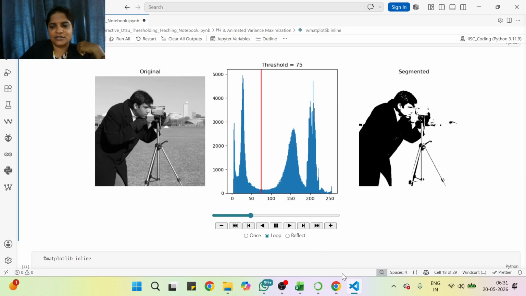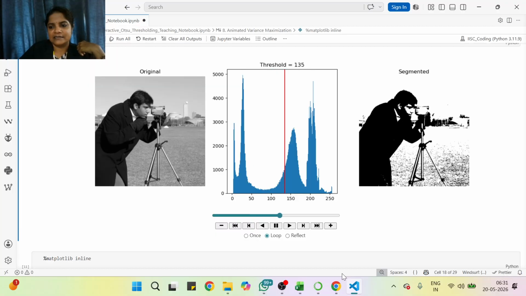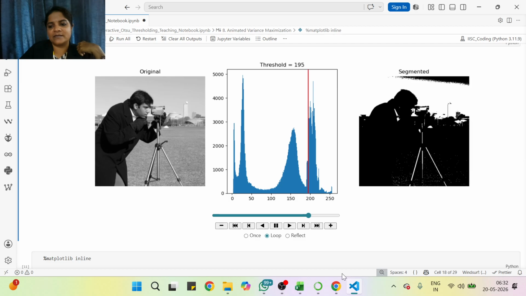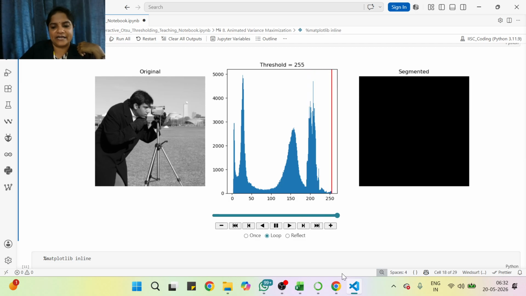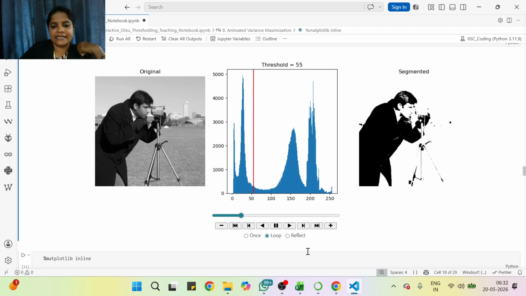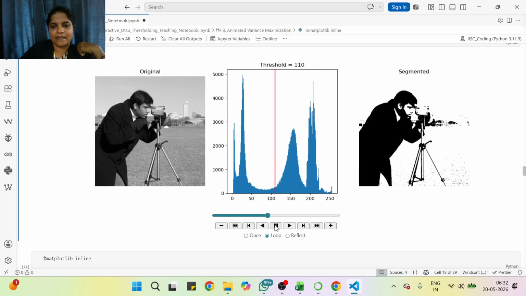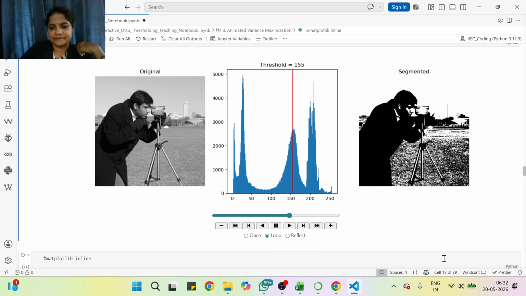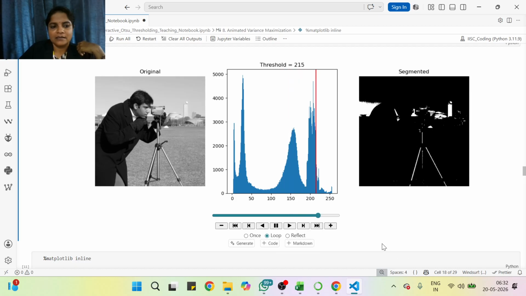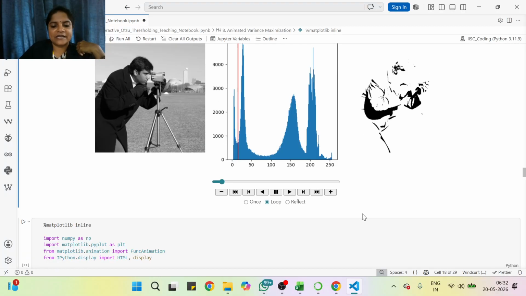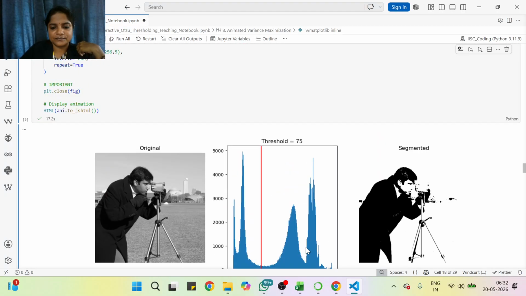See, as the threshold increases, if it goes beyond our limit, it becomes very, very bad. So exactly at 102, 100 plus, I get the best segmented result. Hope the Otsu's segmentation concept is clear to all of you.